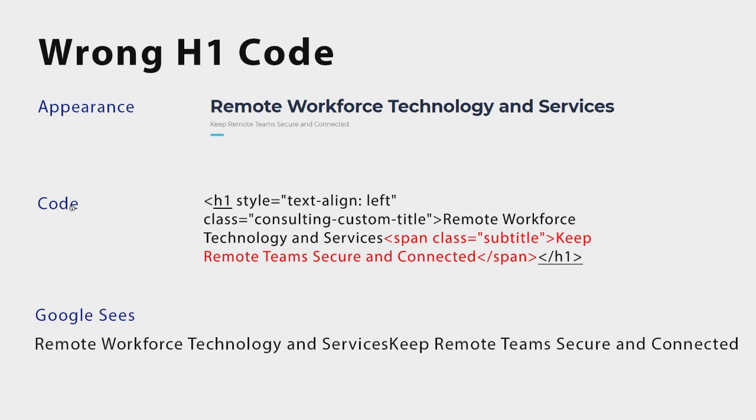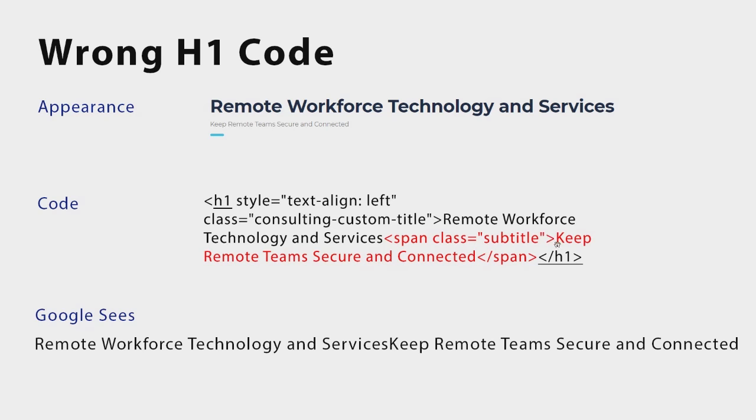I looked at the code, and this is where Google sees your site. This is how Google deals with it. Here's the H1 tag. That's the beginning, and here's the end, and I've underlined it so you can see them. And here's the text that's in the middle of it: remote workforce technology and services. This span counts for nothing. Keep remote team secure and connected.